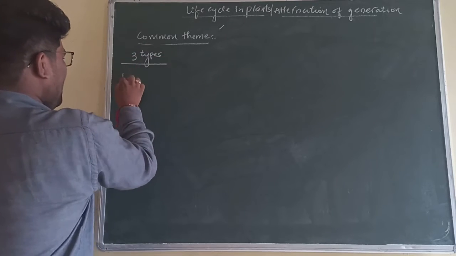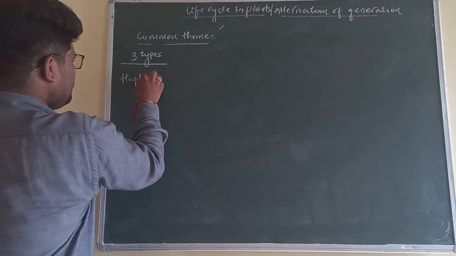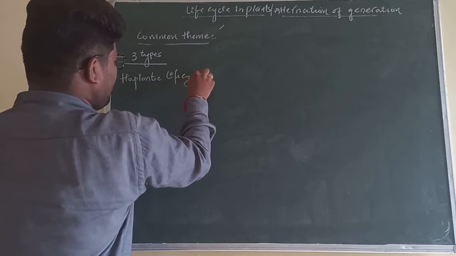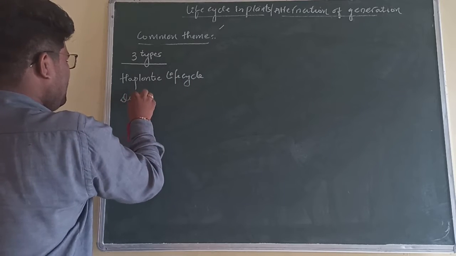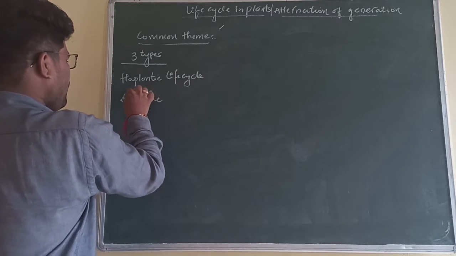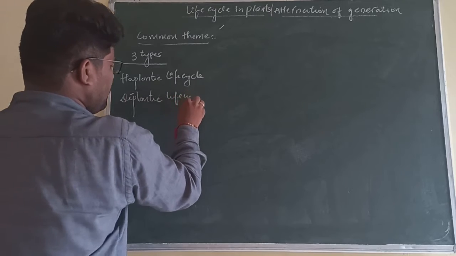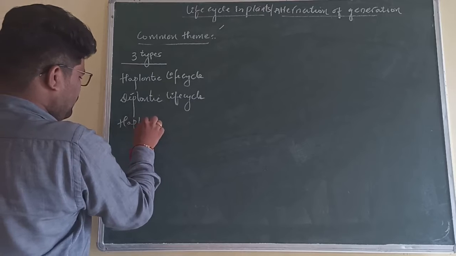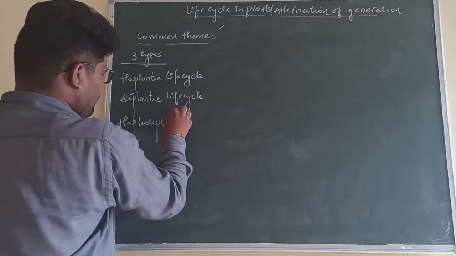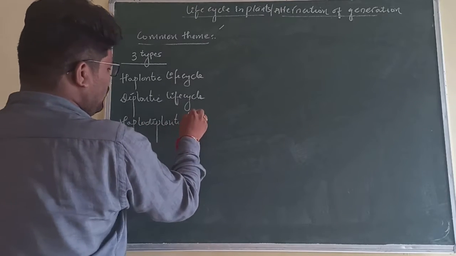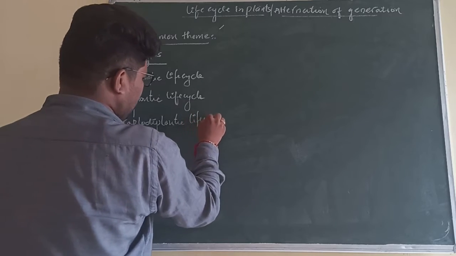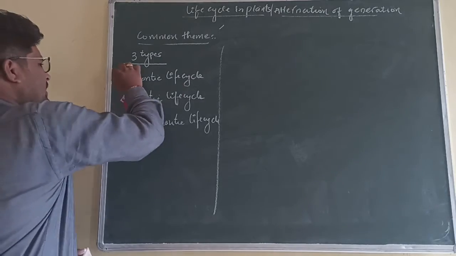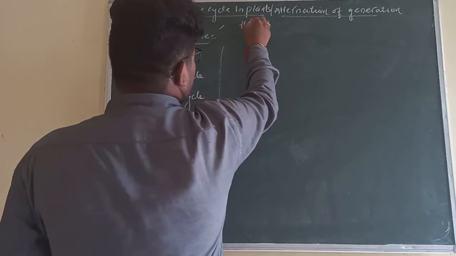Three types are haplontic life cycle, diplontic life cycle, and the last one is haplodiplontic life cycle. We have to understand these three. Let's see haplontic life cycle.